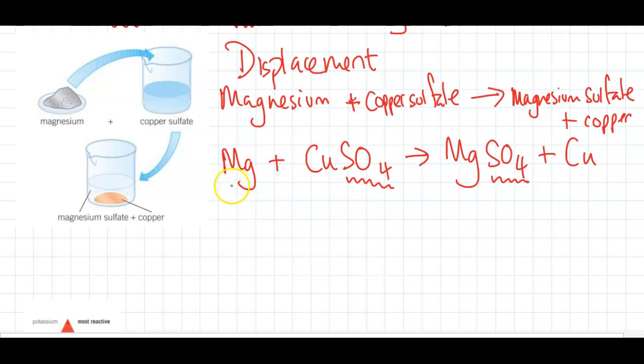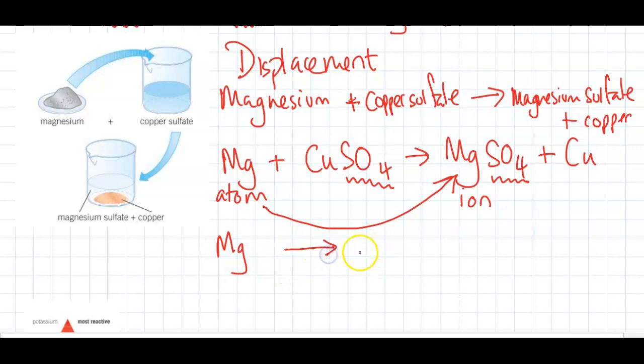But the magnesium here, a metal on its own, atoms, has been bonded to the sulfate here, so the magnesium has become an ion. The magnesium atoms have turned into magnesium ions, and they've done that by giving away their 2 outermost electrons.